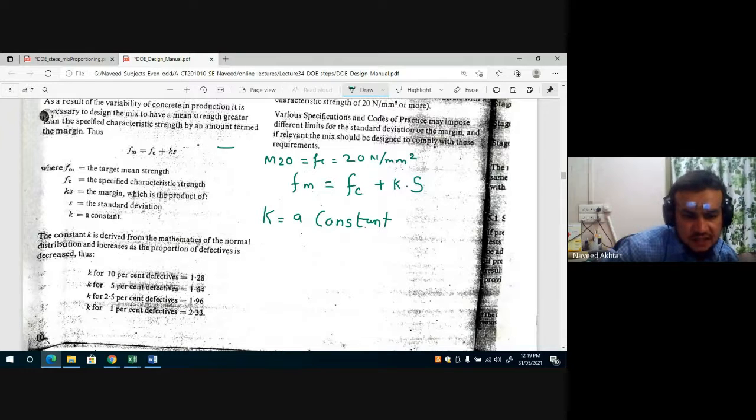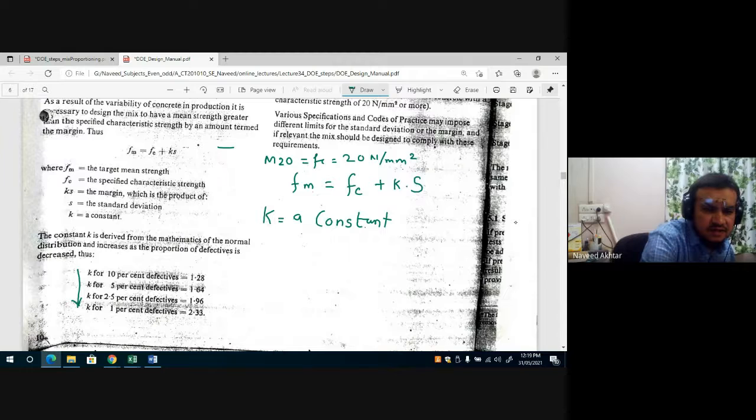K for 10% defective is 1.28, K for 5% defective is 1.64, and K for 2.5% defective is 1.96. As the percentage of defectives decreases, the value of K increases.